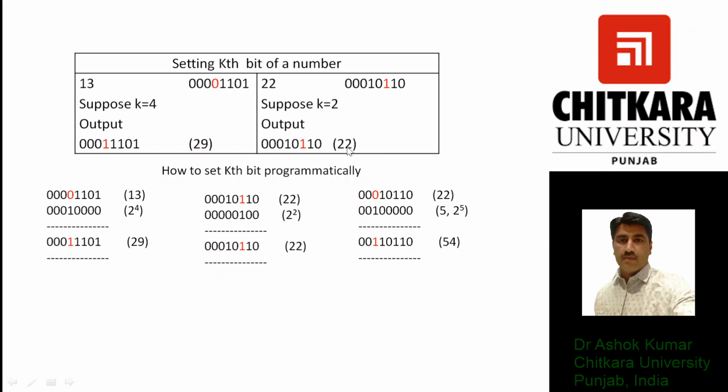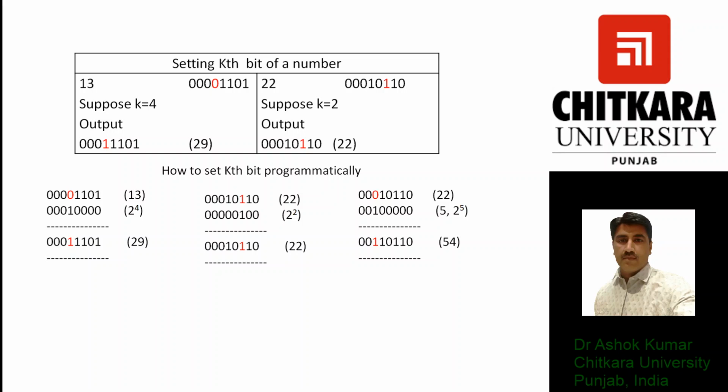Now how we can do it programmatically, let's discuss that. If the number is 13 and you want to set the fourth bit of the number to 1, what you have to do is OR this number 13 with 2 raised to power k. Because the value of k is 4 as we assumed earlier, 2 raised to power 4 is 16.